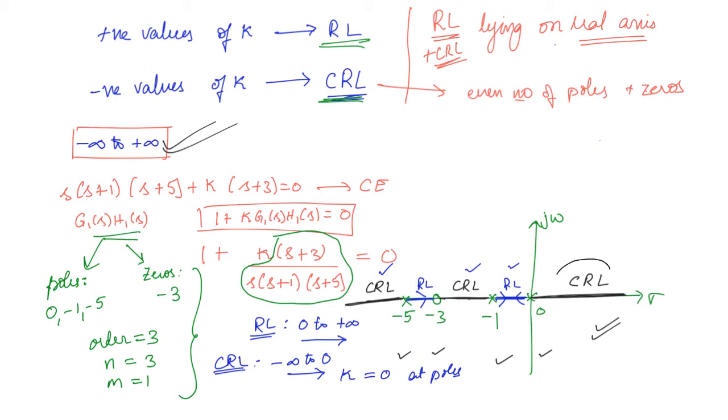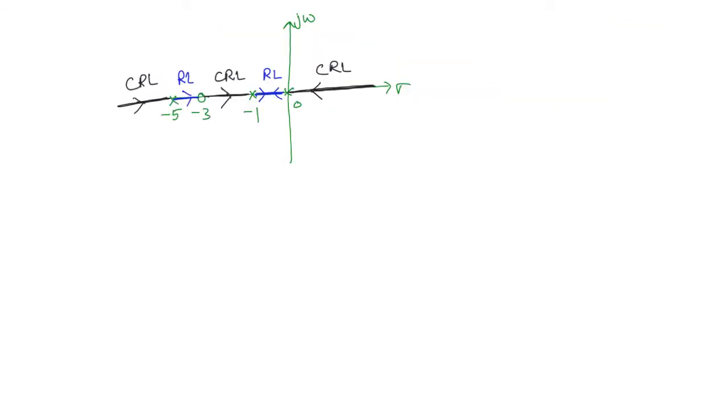So for this branch, the direction will be towards the pole. For this CRL, the direction will be like this, from minus 3 to minus 1. And for this CRL, the direction will be towards minus 5. This is the portion of the root locus that is lying on the real axis.